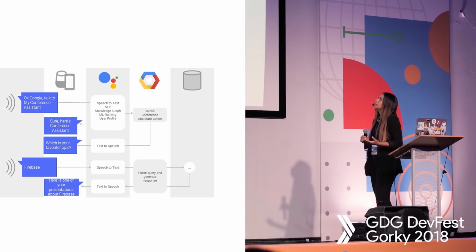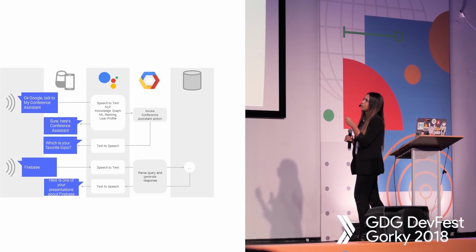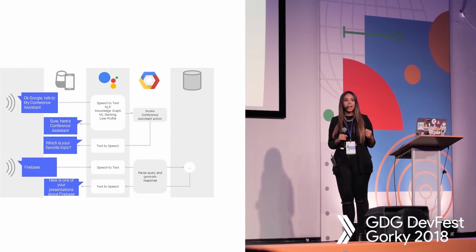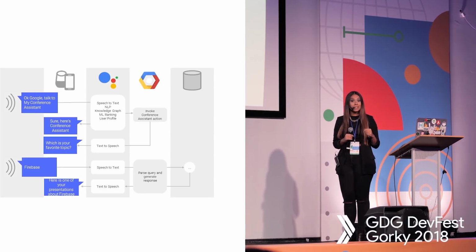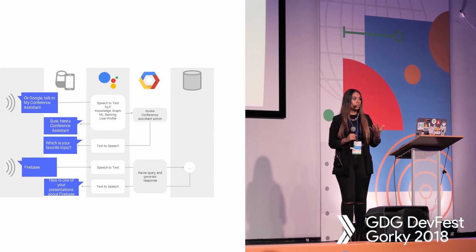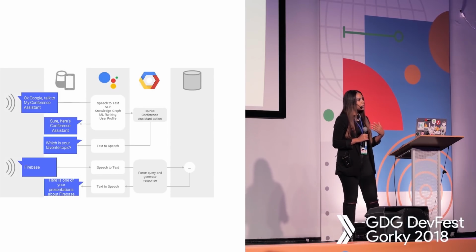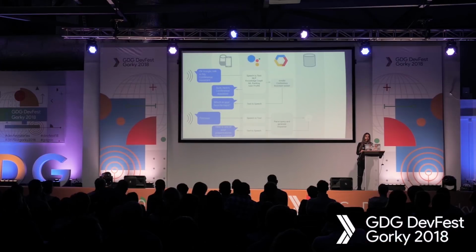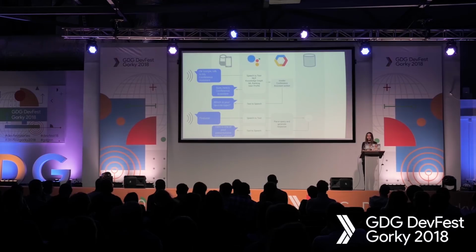With Google Cloud, what it's going to do is, okay, I already have my text, I already know what the conference assistant is, so I'm going to do some action regarding this. Once I say hello to my assistant, it would already know, okay, which is your favorite topic? That's going to be my next action. It's smart. It already knows what it's going to do next.